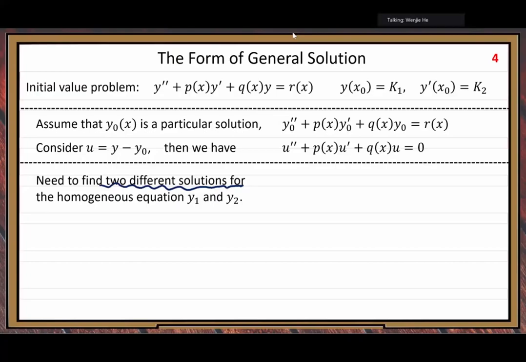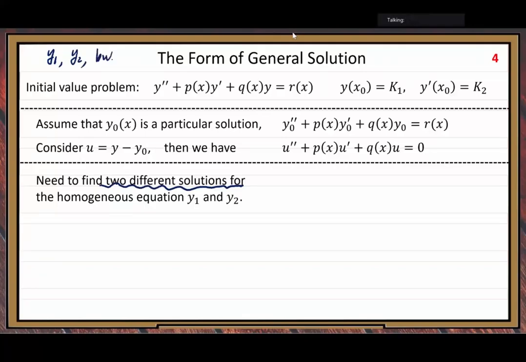Okay? Here the problem is, there is a problem. Although you have 2 different solutions, you may not get what you want. For example, you have a y1 solution and a y2 solution.